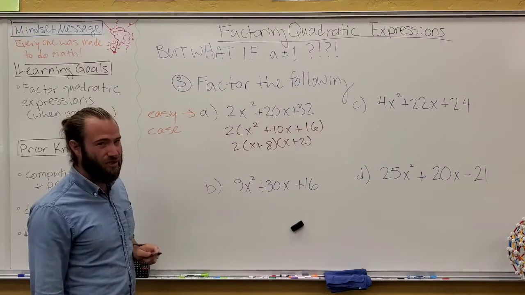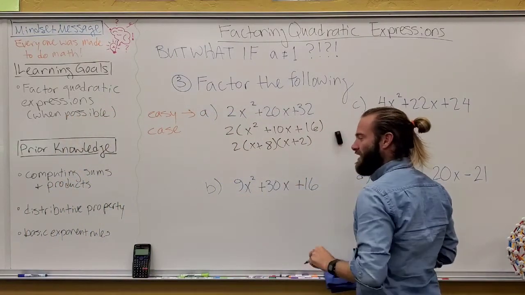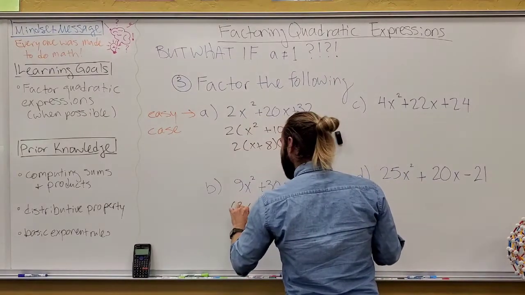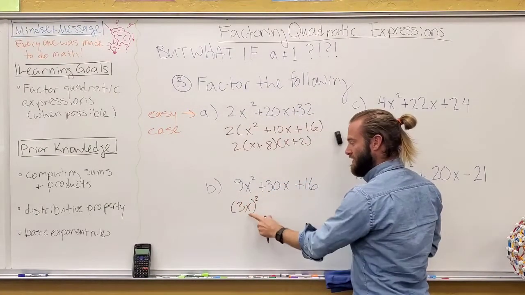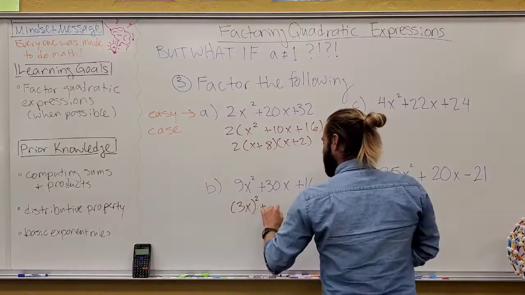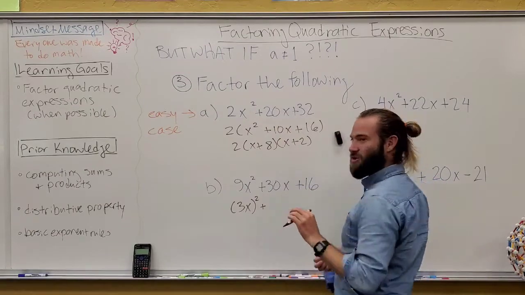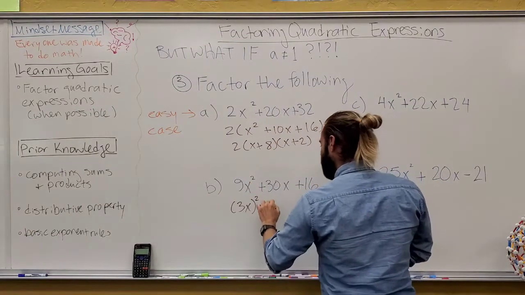However, let me show you a really cool thing to think about. Notice that 9x squared is actually 3x all squared, right? Because 3 squared is 9, and then x squared is just x squared. So watch this. I'm going to rewrite this quadratic, so instead of its variable being just x, we're going to consider it being 3x.